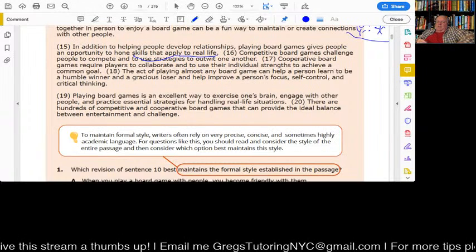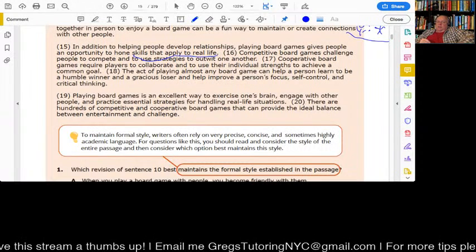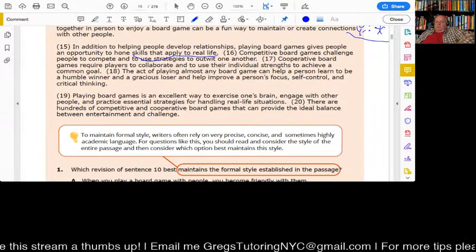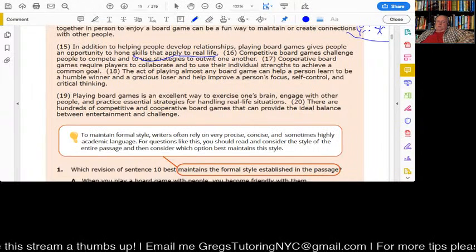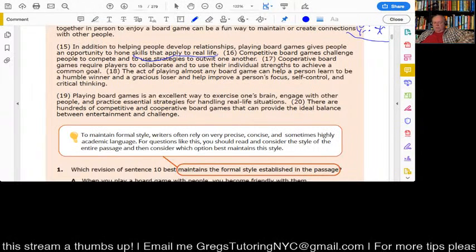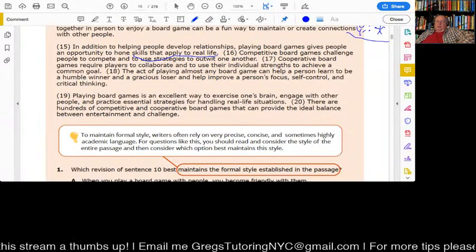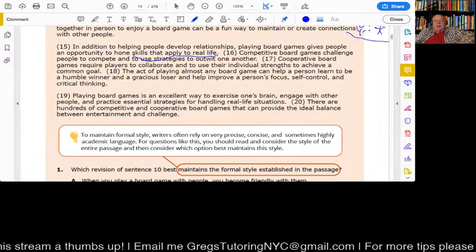Competitive board games challenge people. So that's sort of a running theme here too, right? And use strategies to outwit one another. Cooperative board games require players to collaborate and use their individual strengths to achieve a common goal. The act of playing almost any board game can help a person learn to be a humble winner and a gracious loser. Oh, so it's going even beyond that, okay?